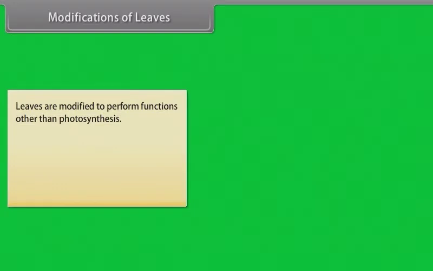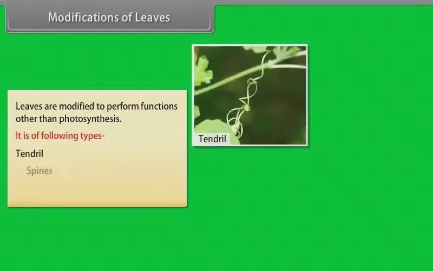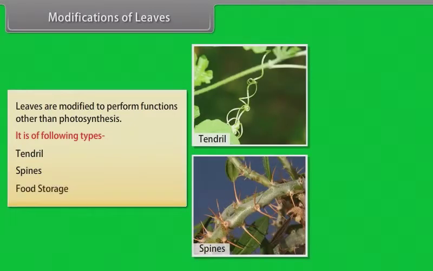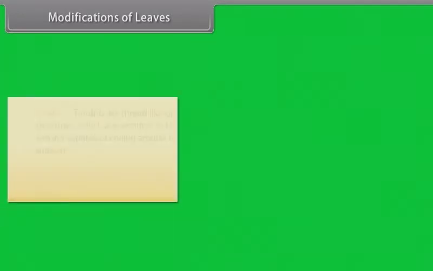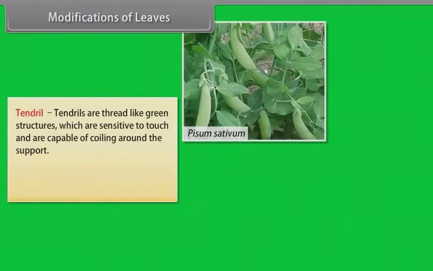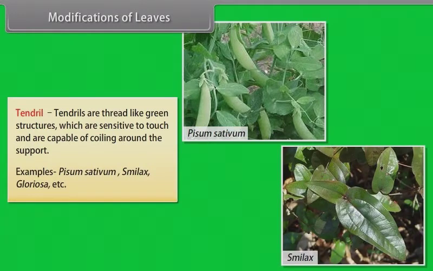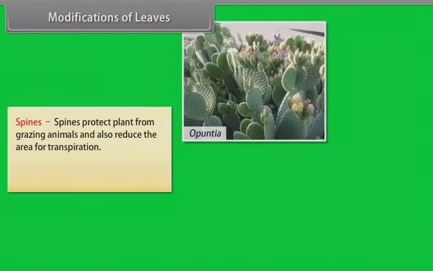Modifications of leaves. Leaves are modified to perform functions other than photosynthesis. It is of the following types: tendril, spines, food storage. Tendril. Tendrils are thread-like green structures which are sensitive to touch and are capable of coiling around the support. Examples: Pisum sativum, Smilax, Gloriosa, etc. Spines.